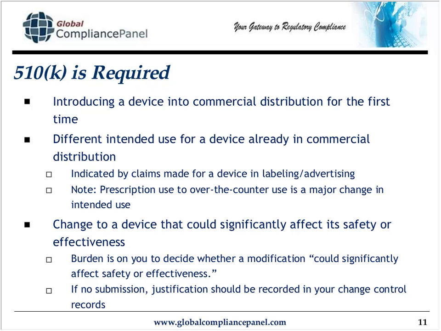And also a change to a device that could significantly affect its safety or effectiveness. The burden's on you. You have to decide whether modification could significantly affect safety or effectiveness. And if you make a change, the justification should be recorded in your change control document, your records, ECOs, some people call them ECNs perhaps, as to why no submission is required, and also who made that determination.